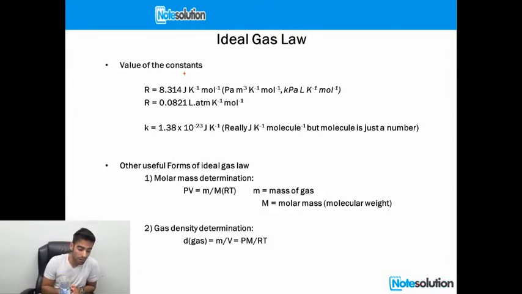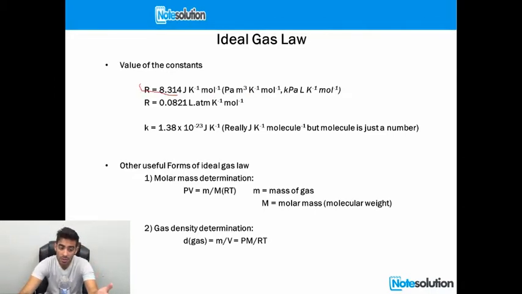Number three, identify the variable that needs to be determined. Let's say they're asking you to find temperature. We know now that temperature is the one we have to find. We use the equation PV equals nRT and carry the units throughout the calculation, so the units have to be accurate. If we're using joules or Pascal for pressure, it wouldn't be right to use it if we're given pressure in atmospheres, let's say 5 atmospheres.